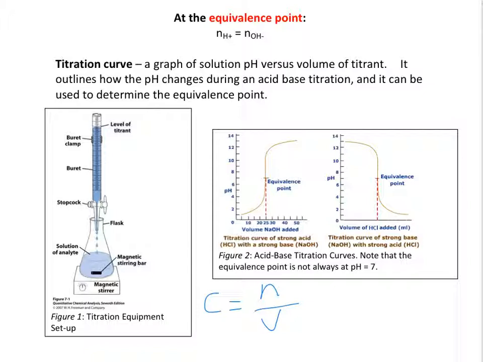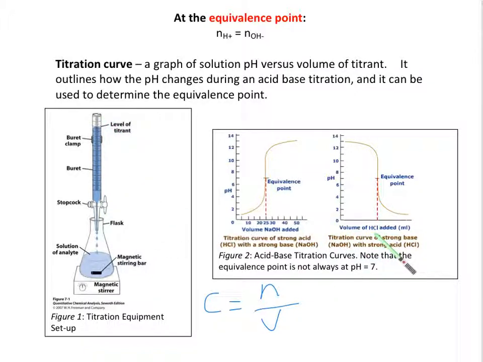Another piece of information, and I'll just touch on this really briefly, we'll talk more about this in grade 12 or 4U chemistry, is the titration curve. In figure 2, we see examples of a couple of titration curves. It shows how the pH of the solution changes as you're adding your titrant. In this case, the NaOH is my titrant, or my solution in the burette, whereas in this case here, the HCl is my titrant, or my solution in the burette.